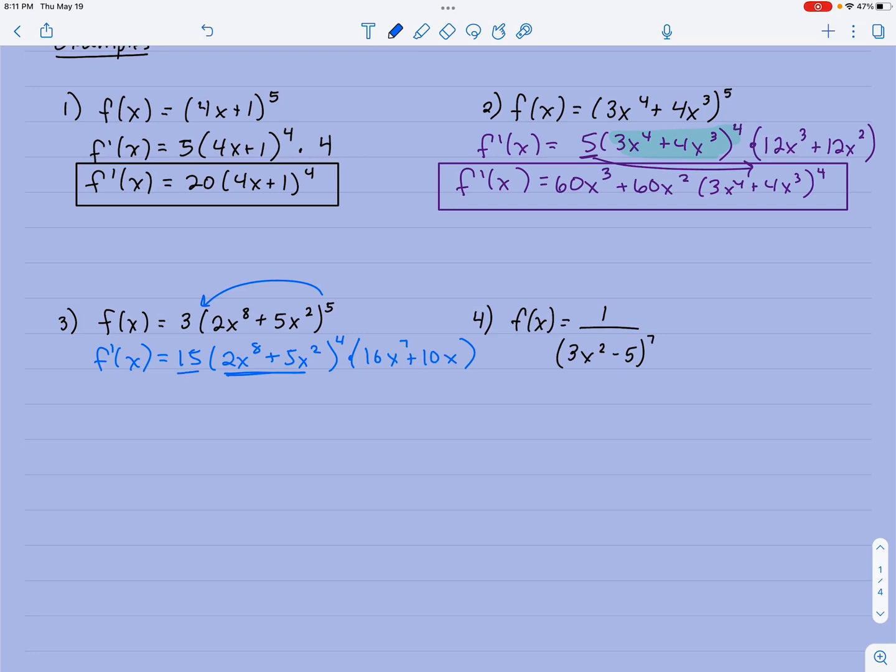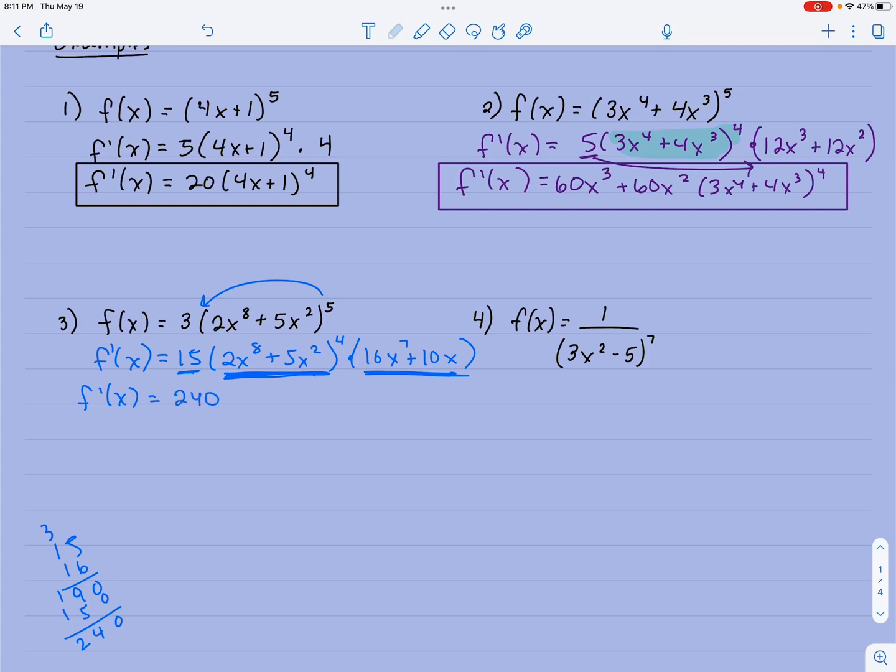And then the 15 that's over here can get multiplied by this because that second set of parentheses is raised to the 1st power. We can't do anything with the second one because it's to the 4th power. So I'm just going to bring the 15 and distribute it. All right, 15 times 16, I don't know what that is. 240.